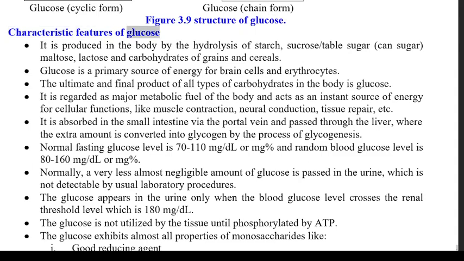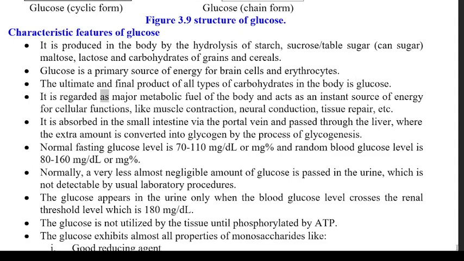Characteristic features of glucose. It is produced in the body by the hydrolysis of starch, sucrose/table sugar, cane sugar, maltose, lactose, and carbohydrates of grains and cereals. Glucose is a primary source of energy for brain cells and erythrocytes. The ultimate and final product of all types of carbohydrates in the body is glucose.